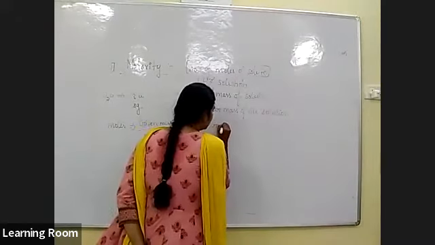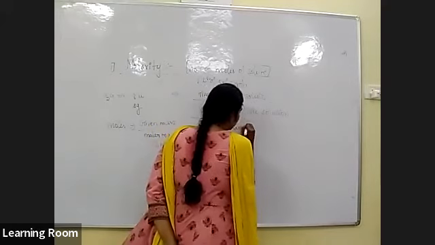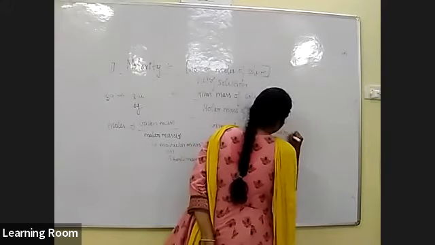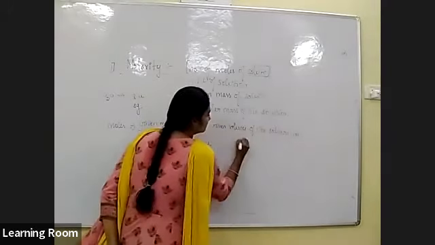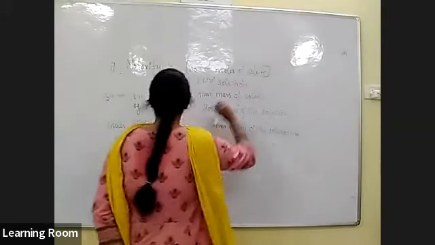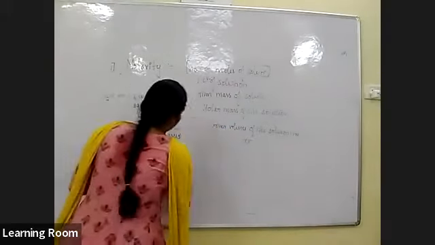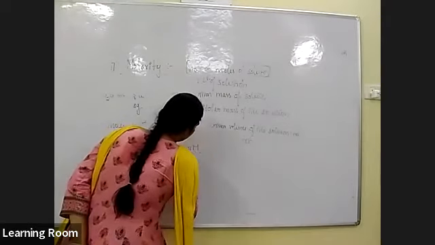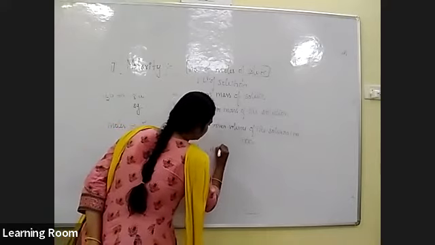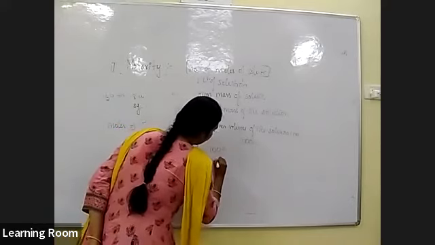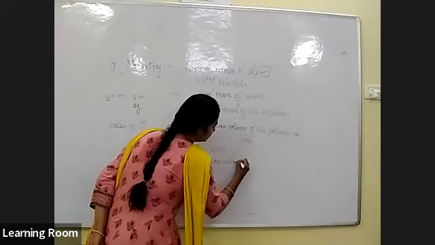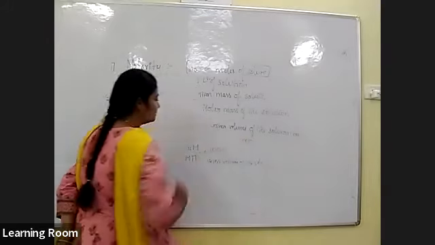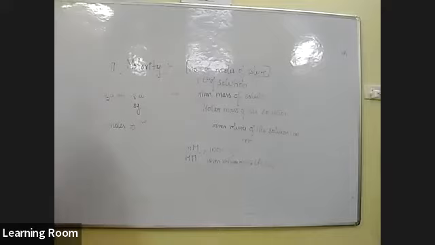So you can write it as the given volume of the solution in milliliters divided by 1000. So molarity is the given mass divided by molar mass, into 1000, divided by the given volume of the solution. This mass will be in grams. Correct. Now can you do the problem?